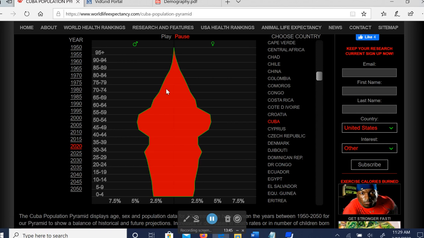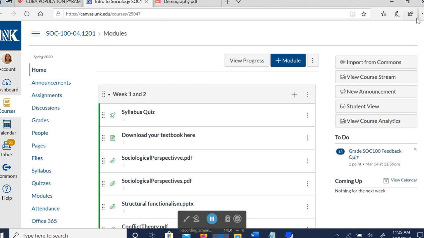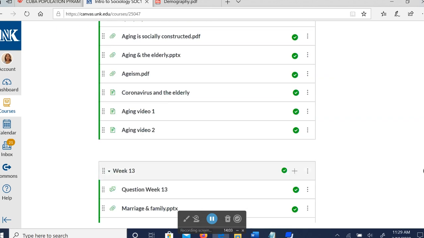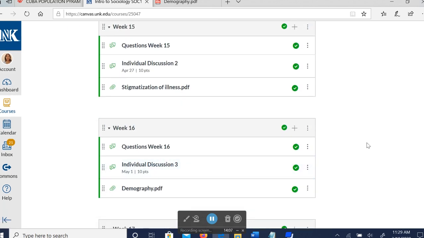And sometimes the politicians or policy makers, they do make use of population pyramid and other demographic characteristics, other types of census data to make decisions.